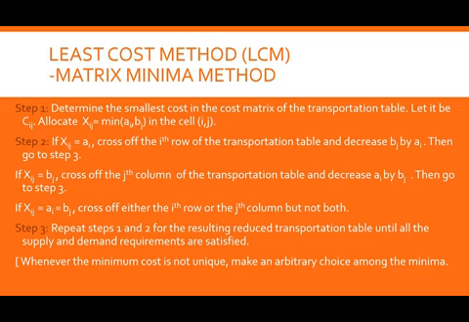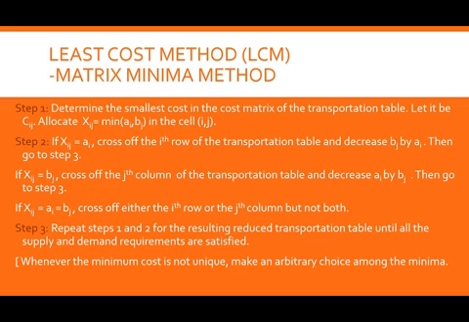In that case, make an allocation there. How much allocation has to be done? Allocate Xij equal to min of Ai, Bj, out of the supplies and the demands, whichever is the minimum. That will become the allocation, or the number of units transported, in the cell ij. This is the first step.